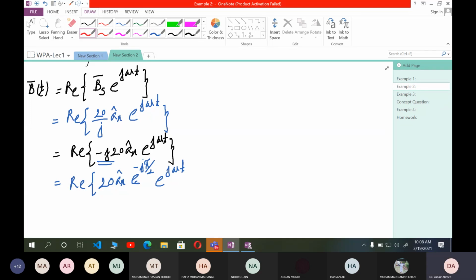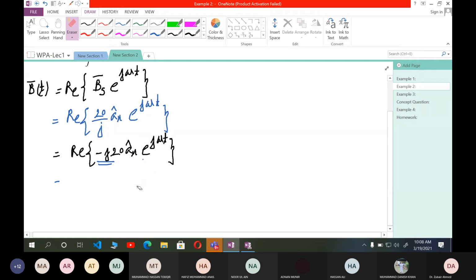Or we can write, instead of this, let's do it in another way. We can do it in a more simplified way. What we can do is expand this exponential of j omega t using the Euler identity.